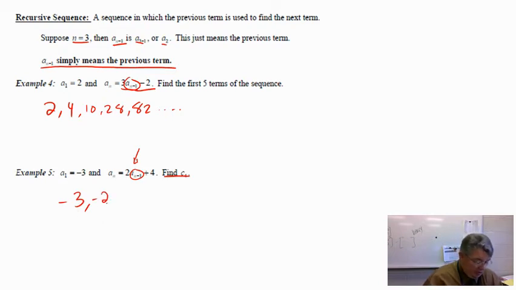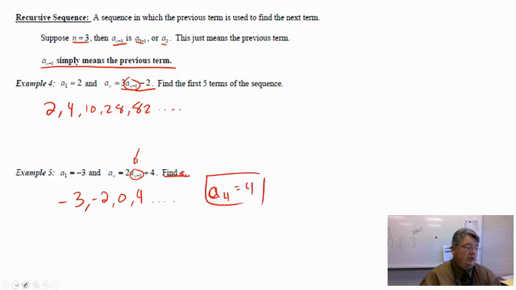And if I go 2 times negative 2 plus 4, that gives me 0. And if I go 2 times 0 plus 4, I don't know why I'm even typing that in, that gives me 4, and so forth. So that should be an a. A sub 4 is equal to 4.